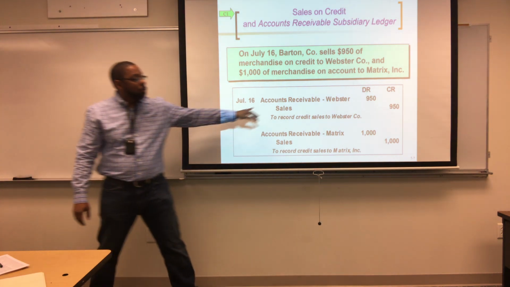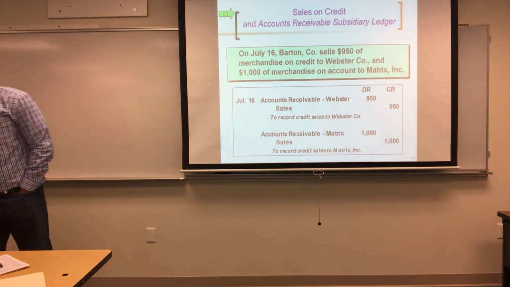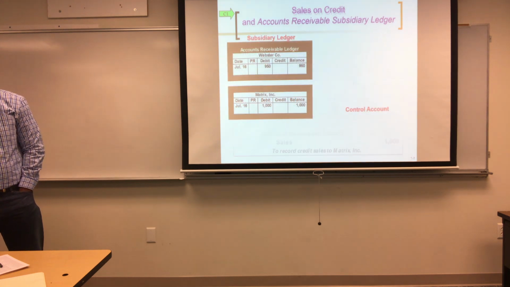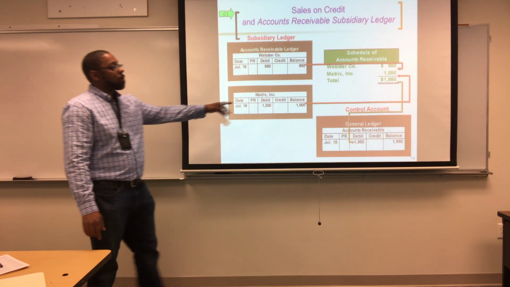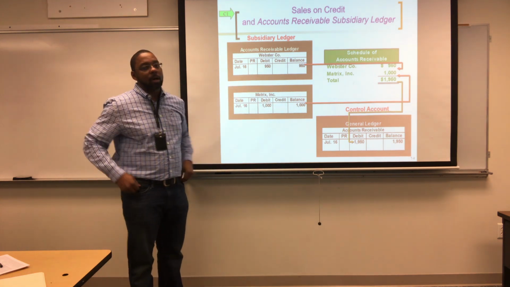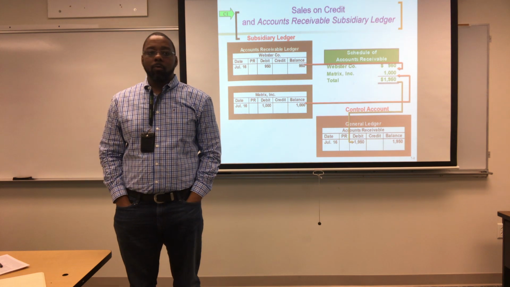And we're going to denote each of the individual accounts because what we'll be running in the background is a subsidiary ledger which accounts for how much each individual company owes our company. Everyone with me?